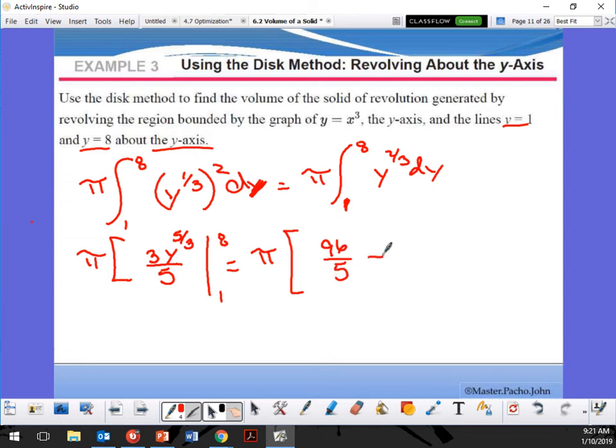And that's going to become a minus 3/5. So it's going to come up with a grand total of 93 pi over 5, and that's going to be units cubed.